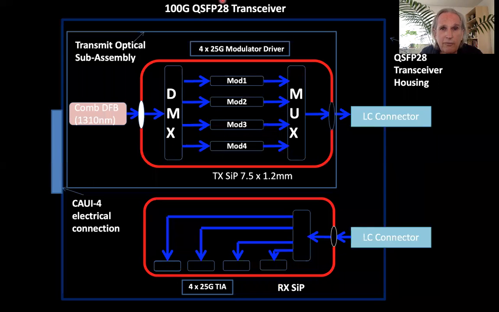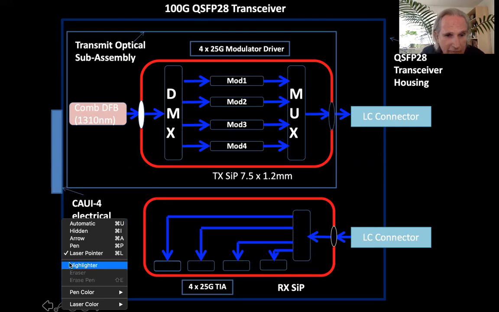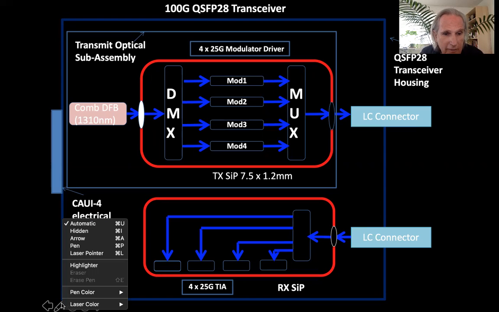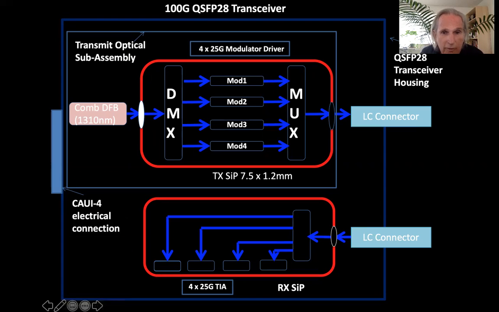If we look, here's a blow up of what actually is in the SIP wafer. This here is a layout. This was done in my lab. Here we were laying out one of the first transceivers that we were making. So what we have here is we broke it out into 2 separate silicon photonic SIP chips.